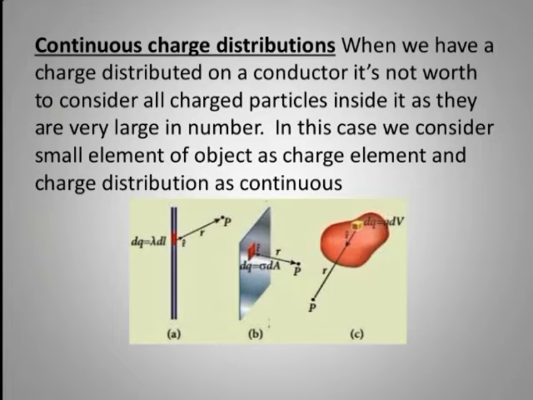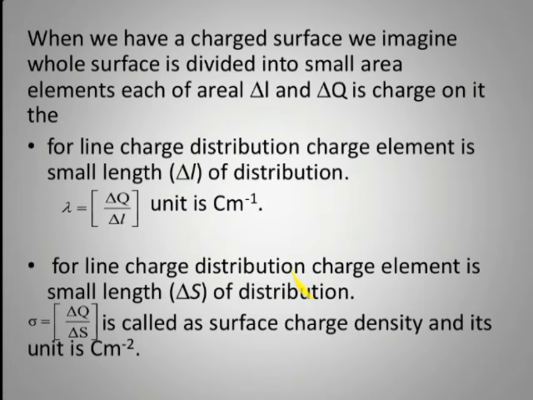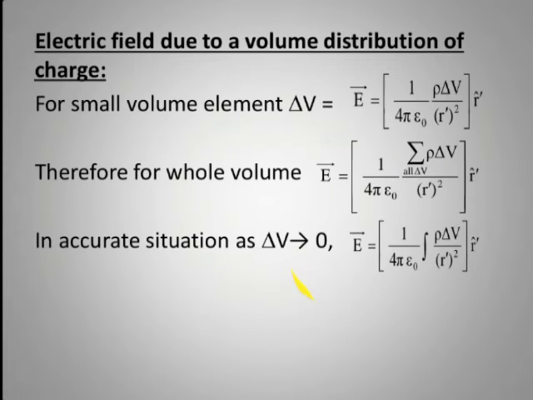Those charges produce an electric field. So they are asking, in a volume charge distribution, what is the electric field value? So electric field due to a volume distribution of charge.